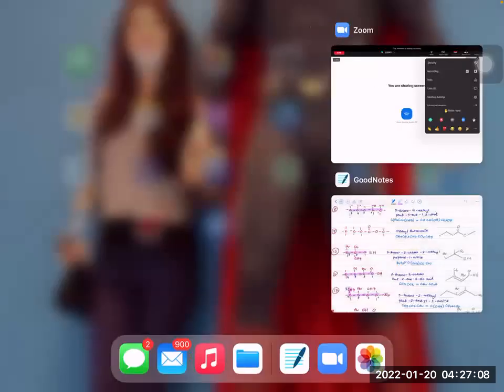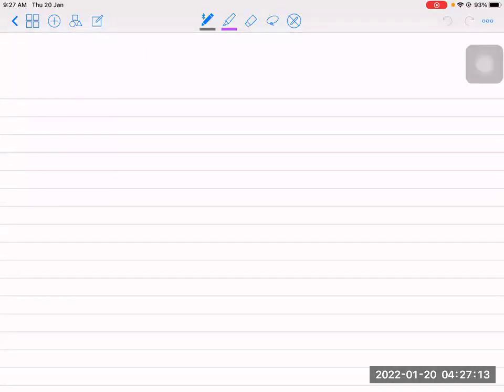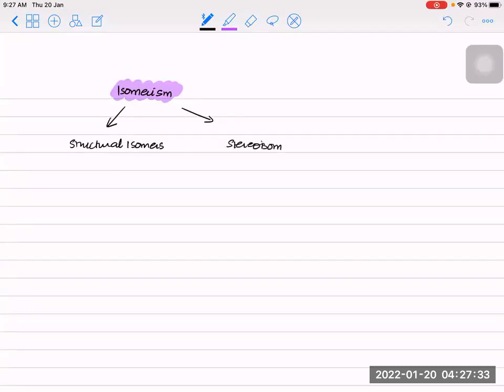What are isomers? We have two types of isomers. We have structural isomers and we have stereoisomers.